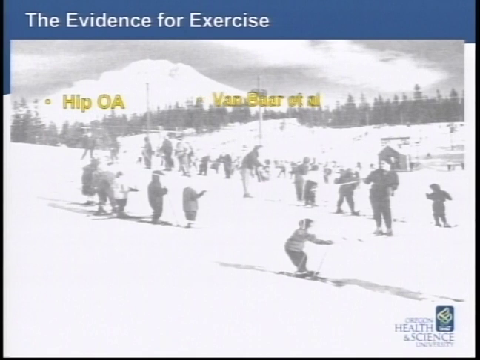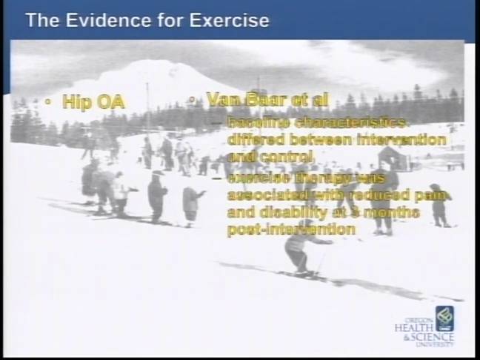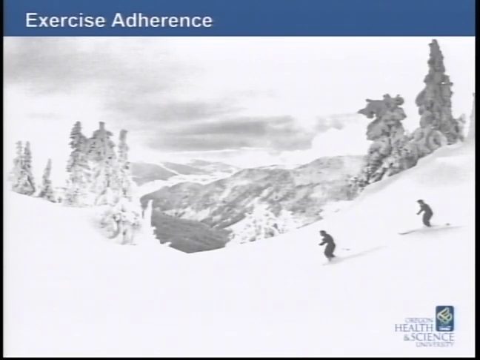And the baseline characteristics differed, so it was tough to get information from the study. They found that exercise was associated with reduced pain and disability at 3 months post-intervention. At the 6-month follow-up, no significant difference between groups. So compliance drops off, symptoms come back.